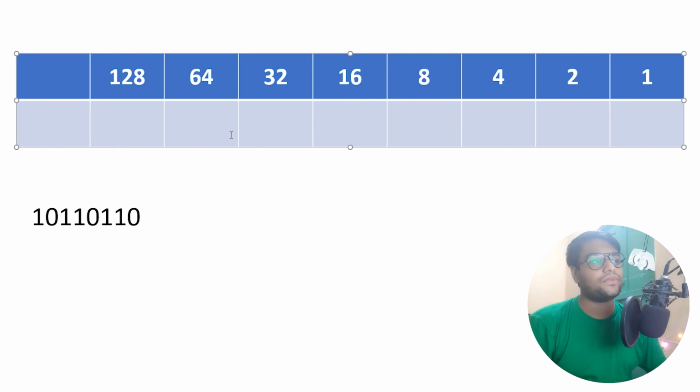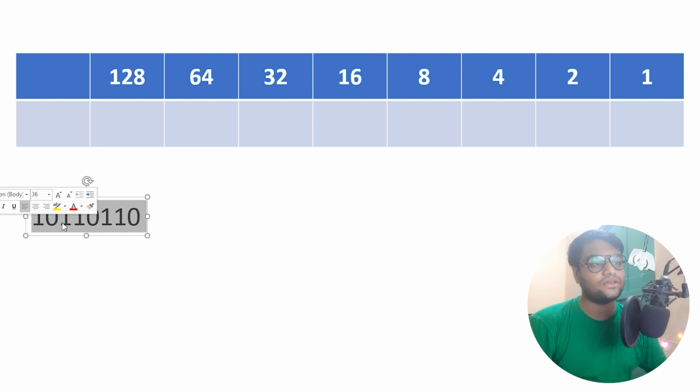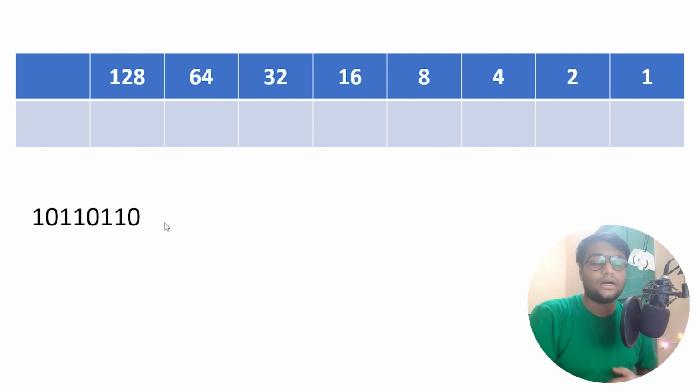And you write down this table, and then you take the number that you are given. Now, one very important thing to note is the bit. What is a bit? These are bits. 0 and 1 are bits. I'm going to explain bits in the next video, but just know that we can't go beyond 8 bits in a binary number when we are doing any kind of networking problems, like IP addressing or subnetting.